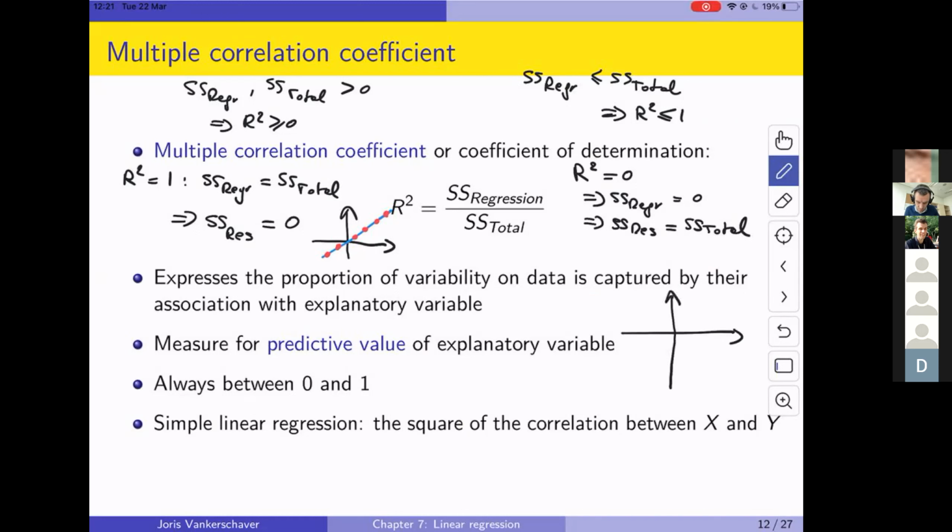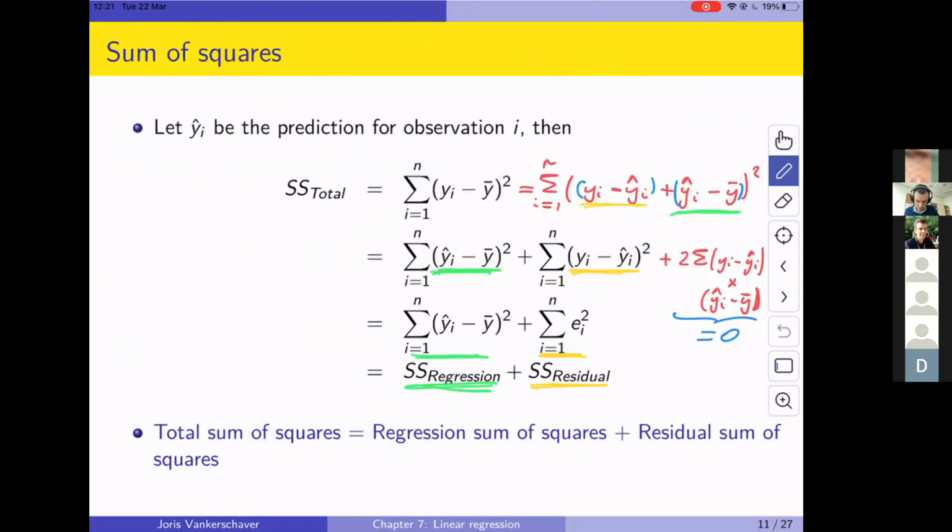Let's have a look at the regression sum of squares again. If the regression sum of squares is equal to 0, then all of the green terms have to be equal to 0. So our predictions have to be equal to the mean value of y. What that means is that all of our predictions are equal to one fixed value.